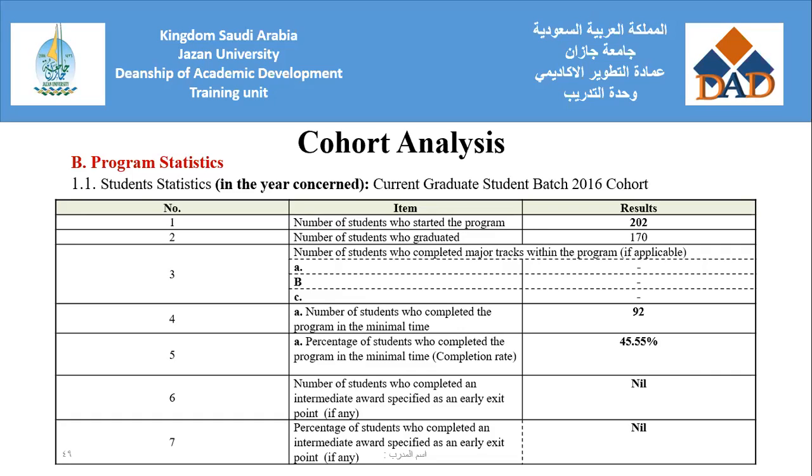So a total of 170 completed this year, but the academic year 2016 batch students were 92 only. The remaining students are old students. So the graduation rate we have calculated for this year is 92 divided by 202, which is 45.55%.